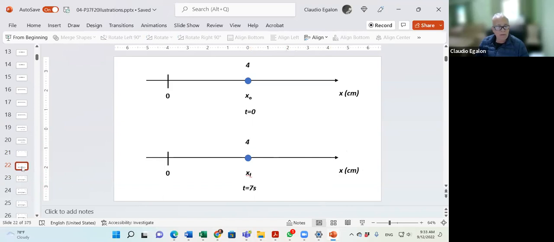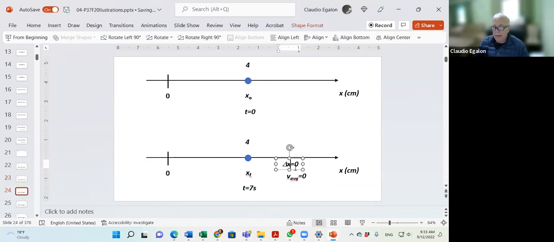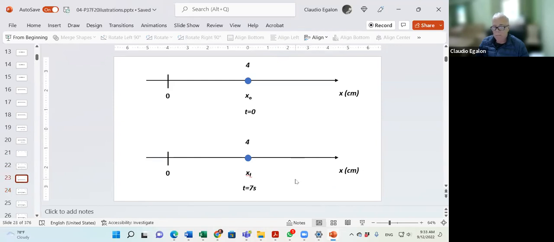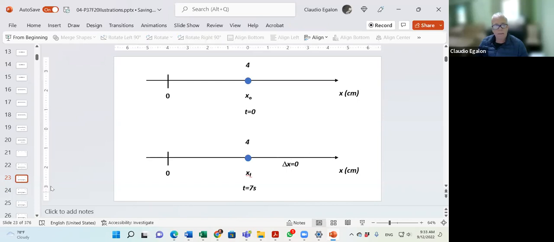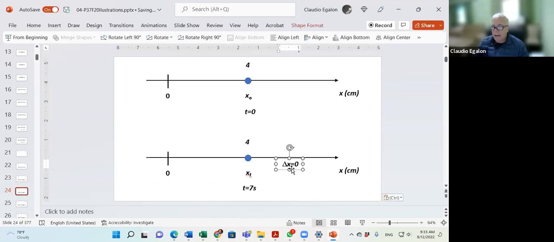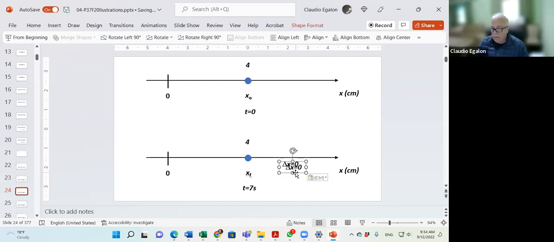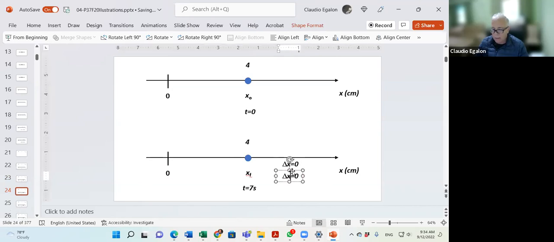And then what do we do next? Next, I calculate my delta x. That's the simplest example you're going to see. I calculate my delta t, final instant of time minus initial instant of time, which is 7 seconds.